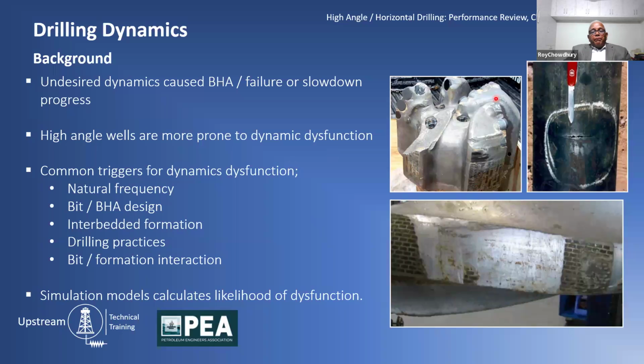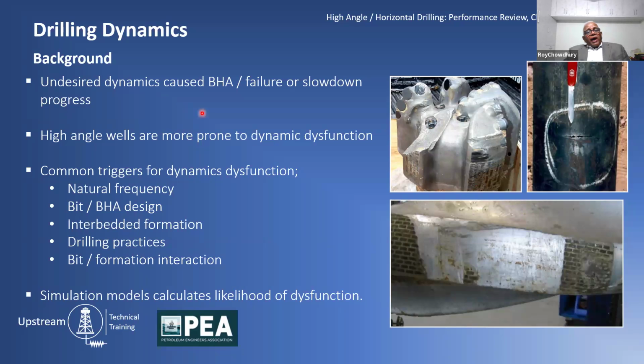And look at the PDC bit here, that has lost its blade because of the bad dynamics, backward wear, or the stabilizer that is completely worn out at the bottom. Or on the right, if you notice, the bottom hole assembly element has developed a crack, and this crack is due to the cyclic stress.